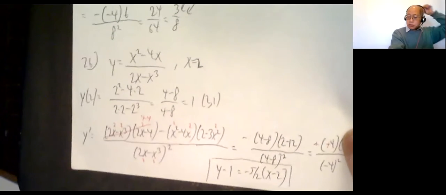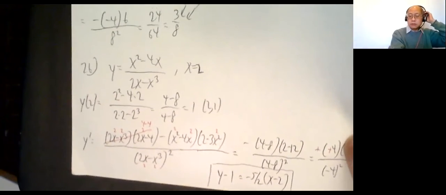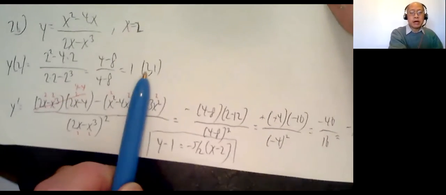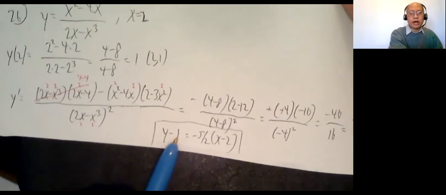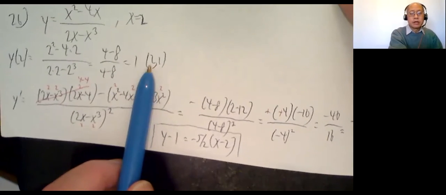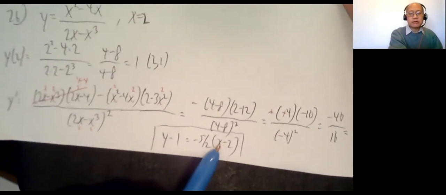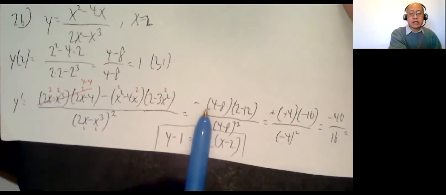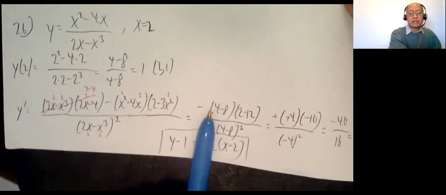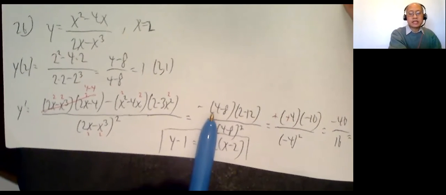Well, anything divided by itself is 1. Right? So 2 comma 1. So that's my point. So y minus y1 equals the slope times x minus x1, x minus 2.